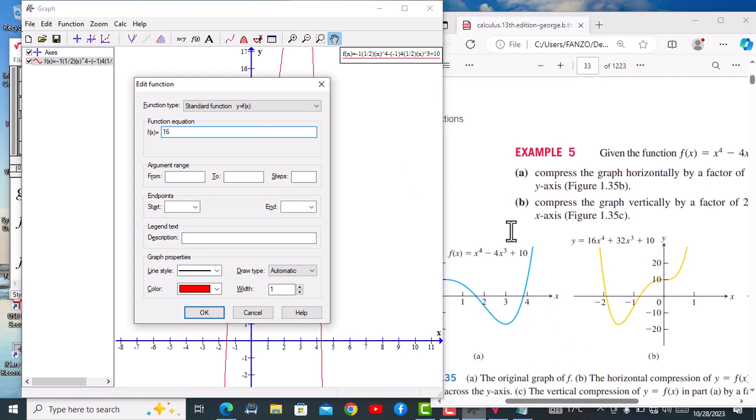So we are having 16x to the exponent of 4 plus 32x to the exponent of 3 plus 10, and I'm going to use minus 4.